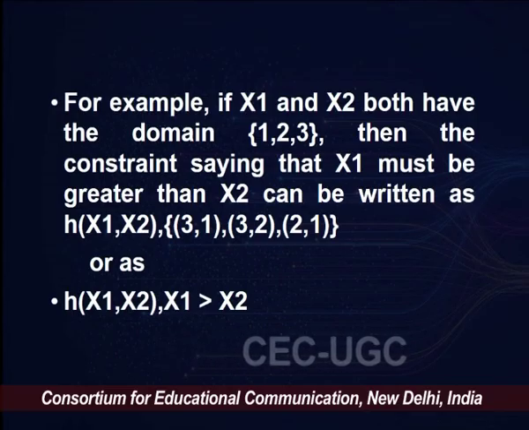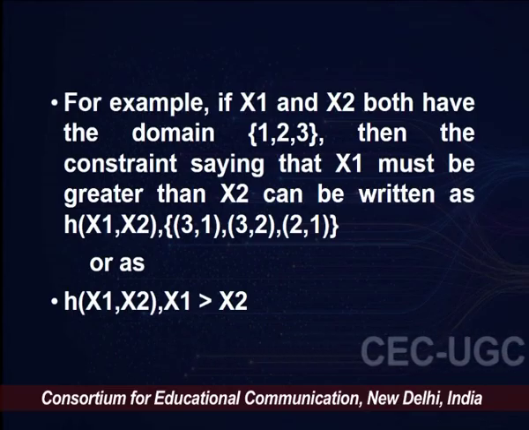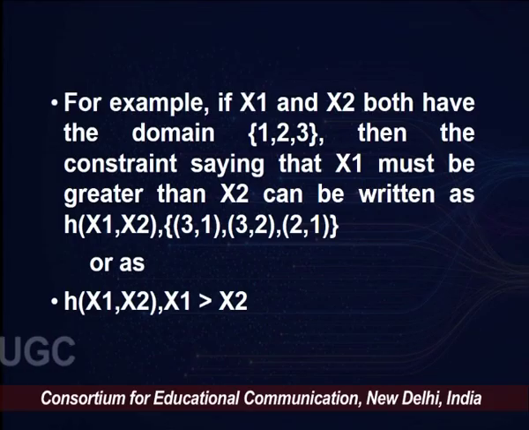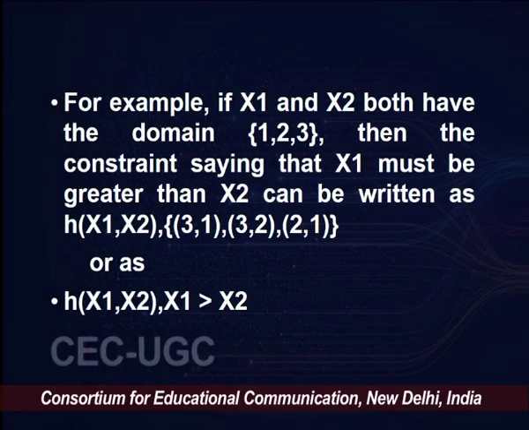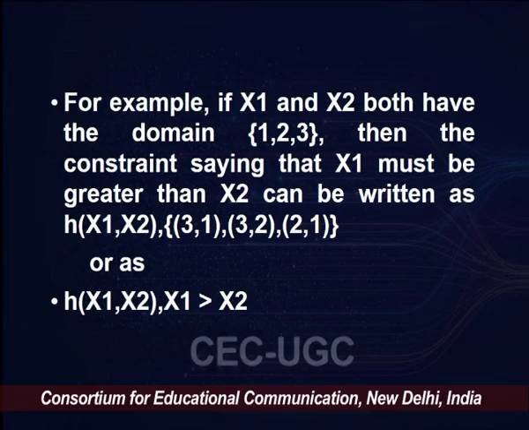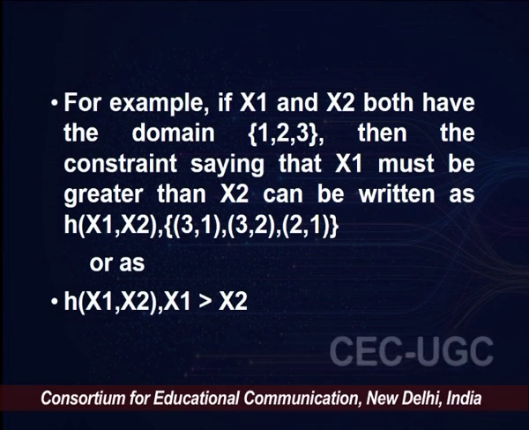Then we can say the pair (x1, x2) can be (3, 1), because x1 is greater than x2, or (3, 2), or (2, 1). In a general format, it can be written as (x1, x2) where x1 is greater than x2. This is how we write the scopes and the relation using the domains.